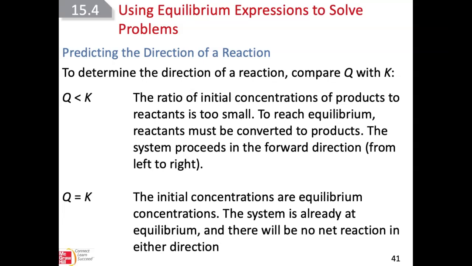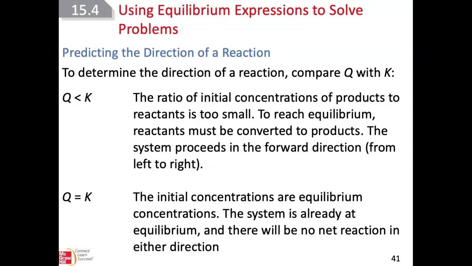To determine the direction, we have to compare Q, which is the reaction quotient, and which has the same expression as the K. The only difference between Q and K is that in K, all the concentrations are equilibrium concentrations. In Q, they are not necessarily the equilibrium concentrations. They might be the concentrations at any given time.